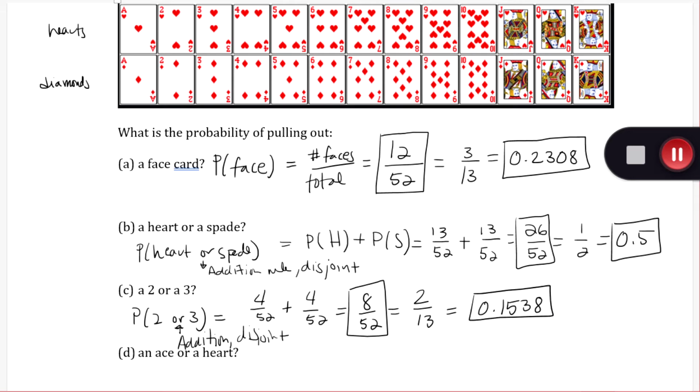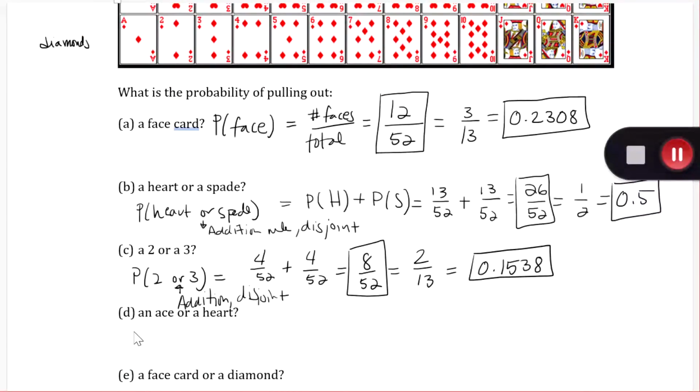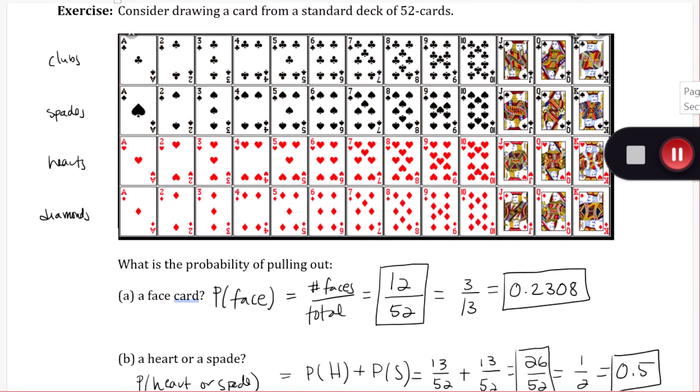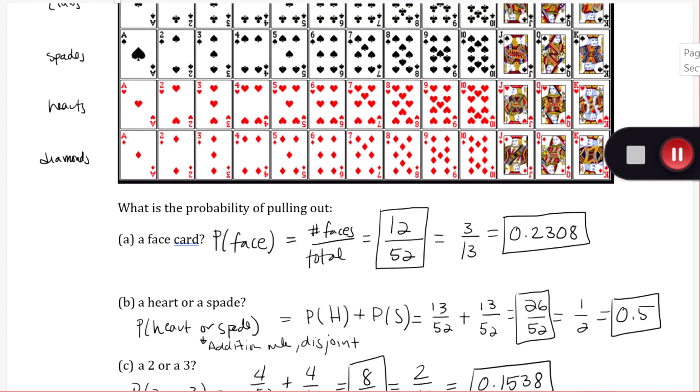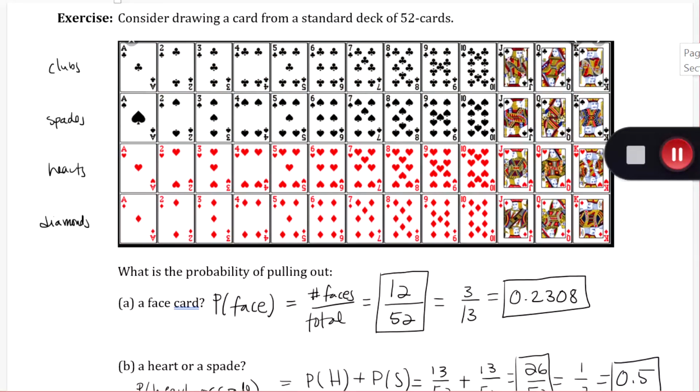So now we're going to do the next one, the probability that we have an ace or a heart. So we have the or, so we're still going to have the addition rule. But then you got to go through and think about if these two events are disjoint or not. So looking up at our sample space, can we simultaneously be a heart and an ace?